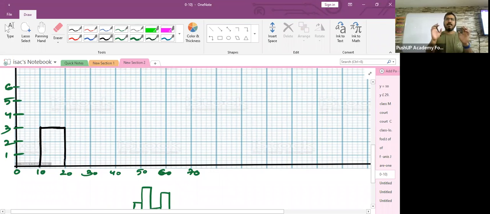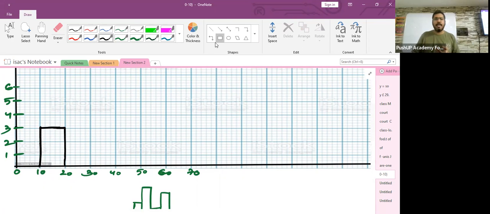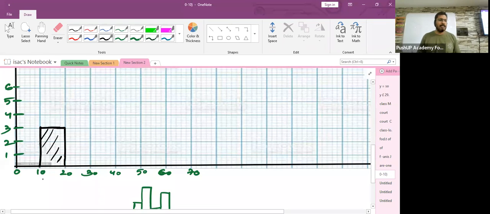Just draw a rectangular bar or a rectangular building on top of the class interval 10 to 20. And if you want, children, you can highlight this rectangular bar like this, just to make it a little more attractive.